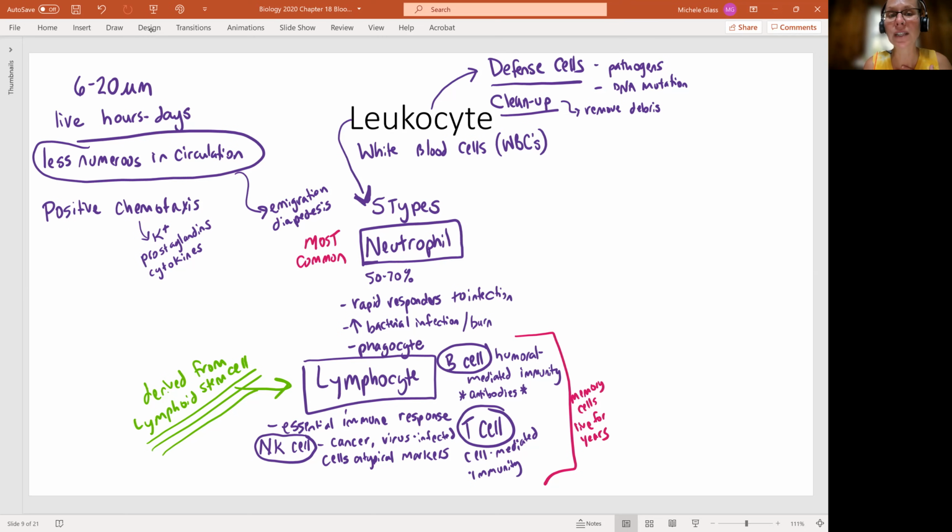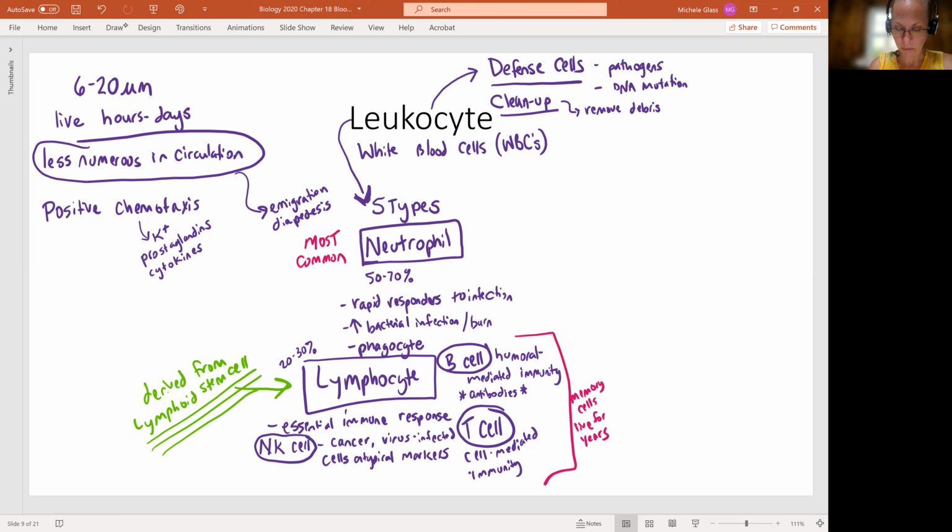So even though we're not producing a lot of new T cells, we have those memory cells from all of our childhood exposures. When we were talking about abundance, the lymphocyte is about 20 to 30% of our white blood cells.